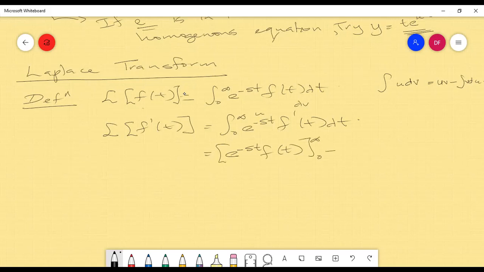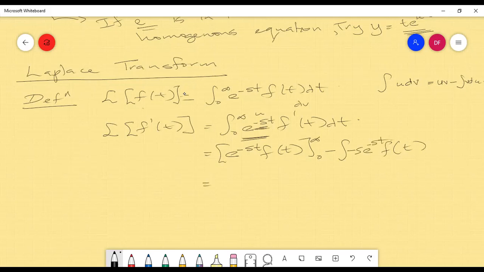Minus the integral of v du. Here dv is f prime of t, so v would be f of t. And then du, when you differentiate e to the minus st, the minus s becomes a coefficient, so that's minus s e to the minus st.